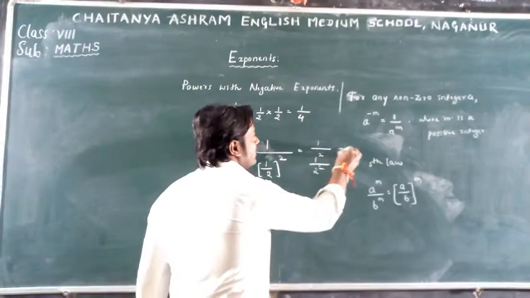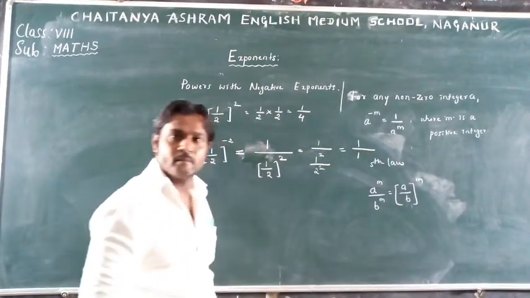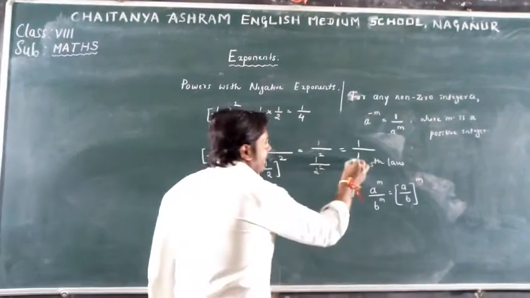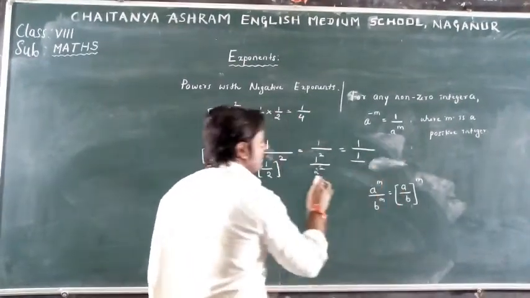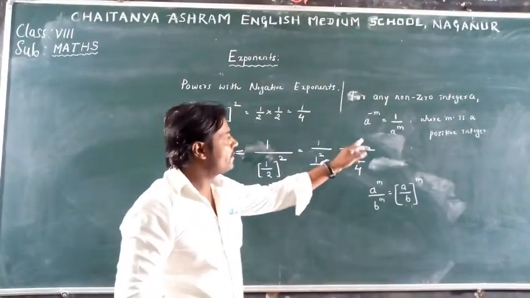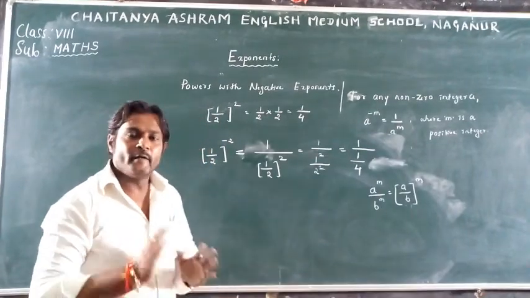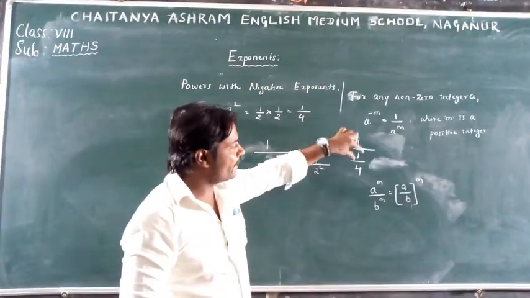Then this is equal to 1 divided by 1 square is 1, divided by 2 square is 4. So this is 1 divided by 1 divided by 4. Last year we learned division of a fraction by a fraction.